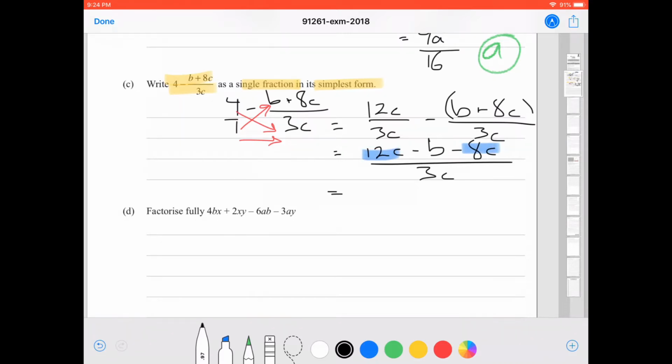So 12c minus 8c is 4c, minus b, and over 3c. Okay, final simplification, 4c minus b over 3c. This gets you a merit grade. Your achieved is fractions written with a common denominator. So I guess this step here would get you an achieved.